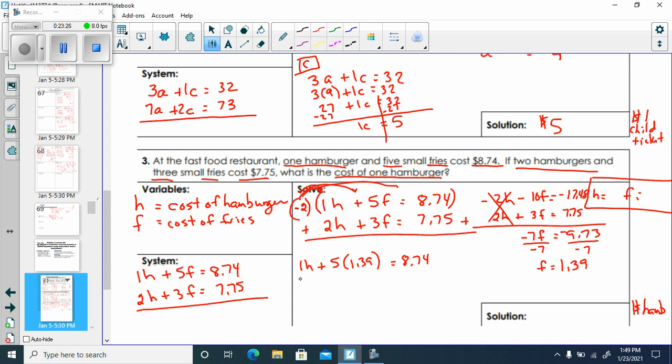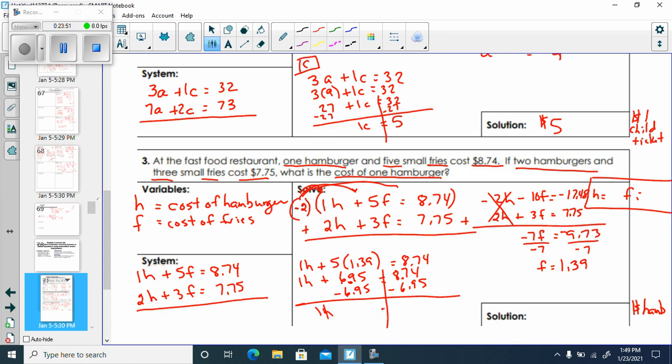$6.95. So the cost of the hamburgers plus $6.95 equals $8.74. All I've got to do is subtract the cost of all the fries from the total cost, and that should give me the cost of one hamburger, right?